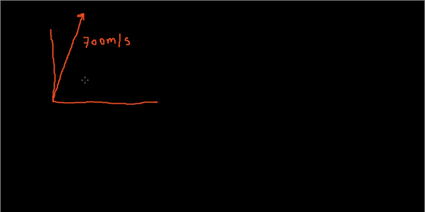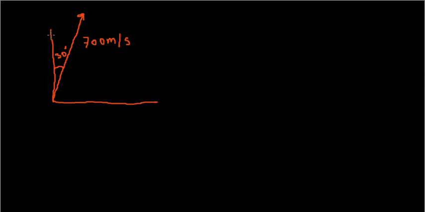So let's say we have a sort of coordinate system. Let's say we have an airplane that is going 700 meters per second, very fast, and this angle is 30 degrees.